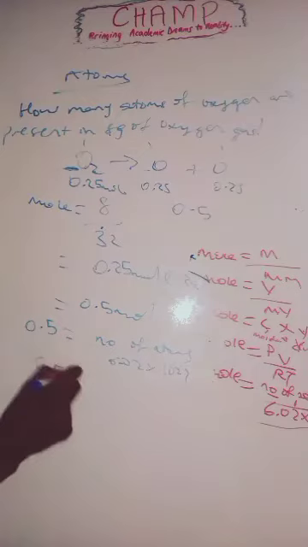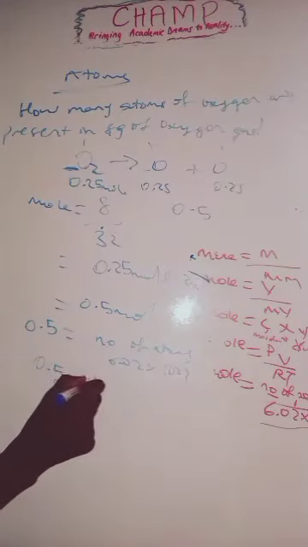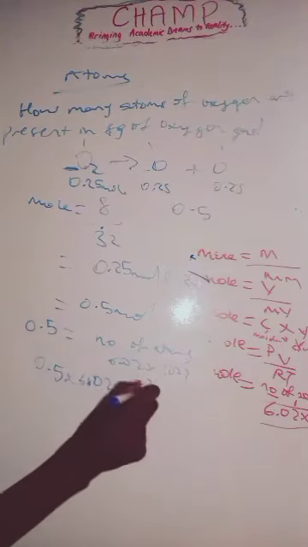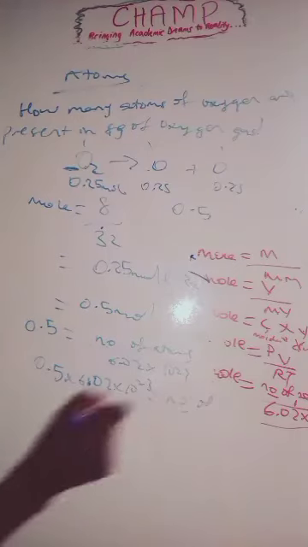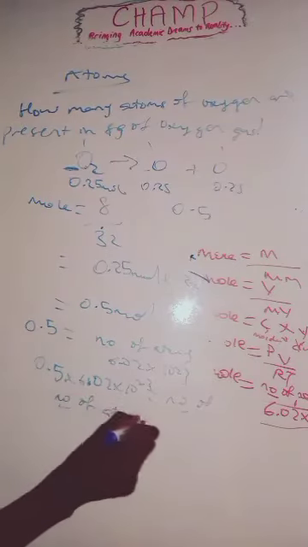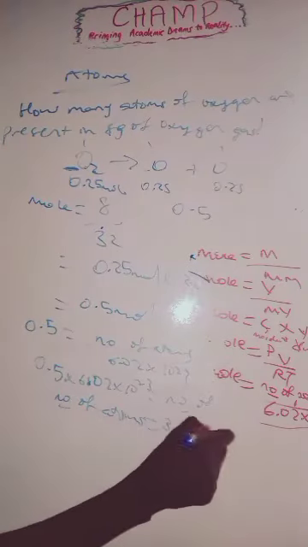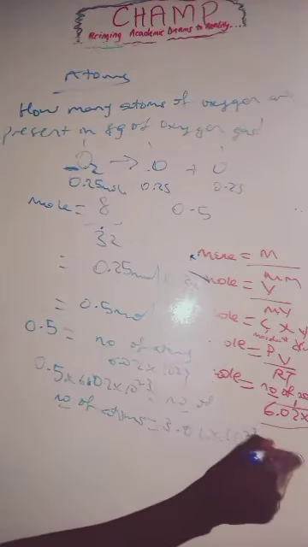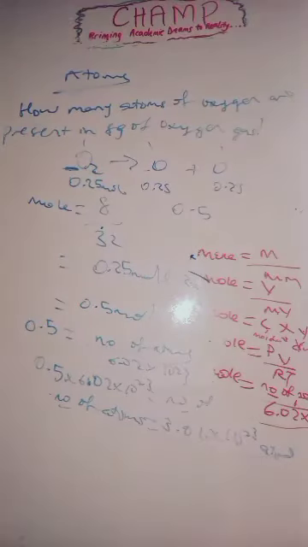So you cross multiply, 0.5 times 6.02 times 10 raised to the power 23 will give you the number of atoms. If you multiply this well, your number of atoms will be 3.01 times 10 to the power 23 atoms. Yes, please take care of that. 3.01 times 10 raised to the power 23 atoms of oxygen.